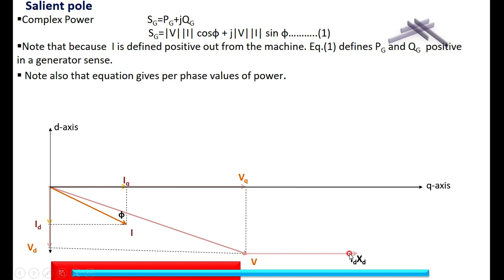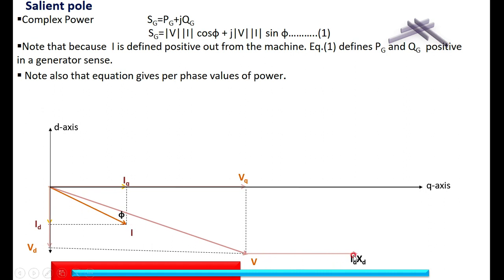The phasor of IDXD should be perpendicular to ID. Then I add it to V, because I am adding the different drops to V to get the total generated voltage E.